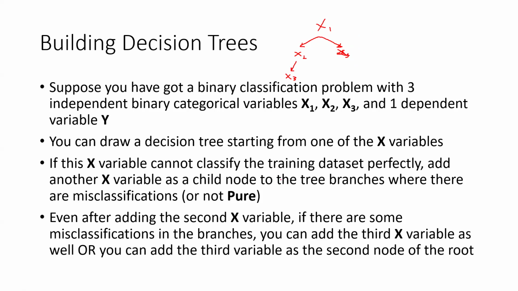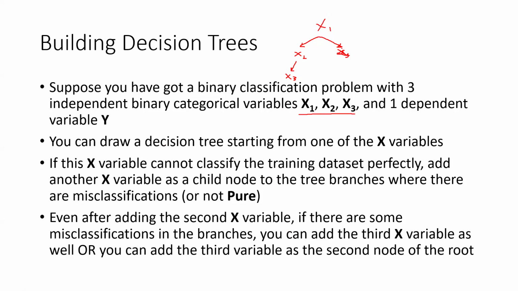So when you add the variables to this model, although you have three independent variables, when you start with a certain variable, you add new variables only if that particular variable can't simply classify your full data set.